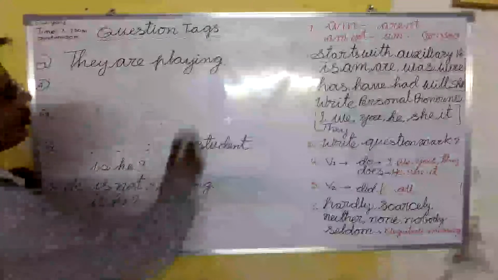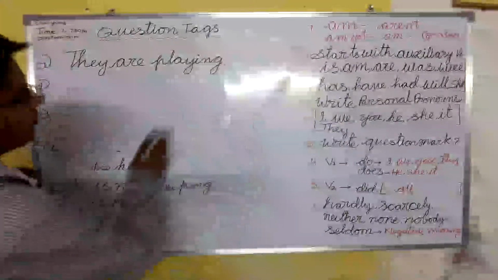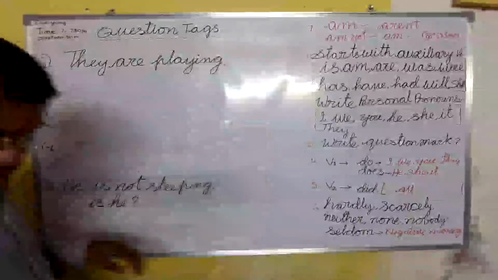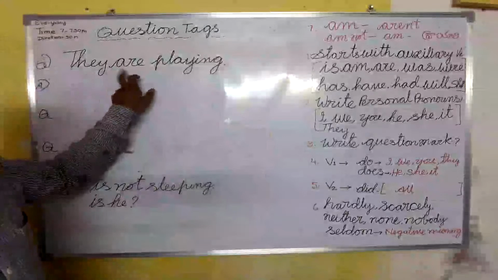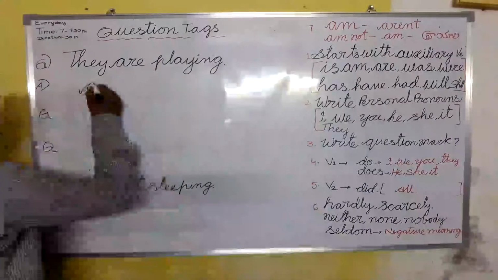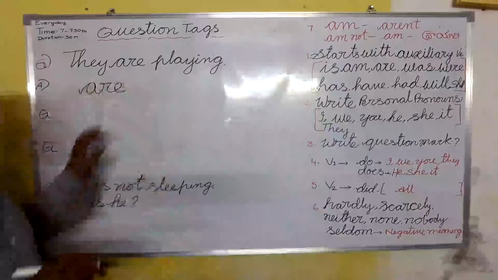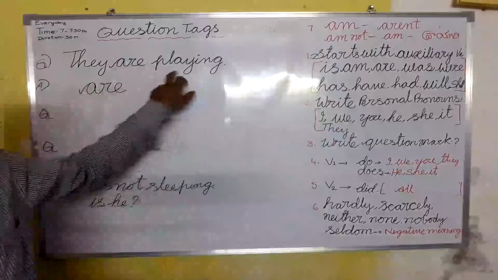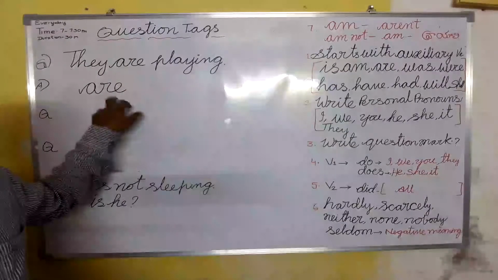Yes. So here, the auxiliary verb is "are", so we have to start with A-R-E. Is it positive or negative? The sentence is in a positive manner, so "are" should be negative. So "not" should be used.